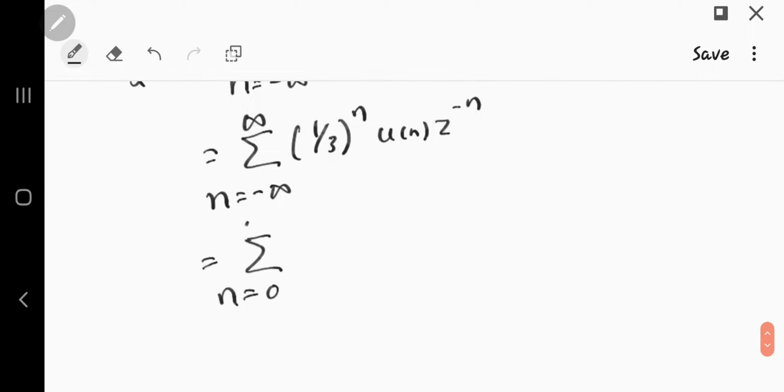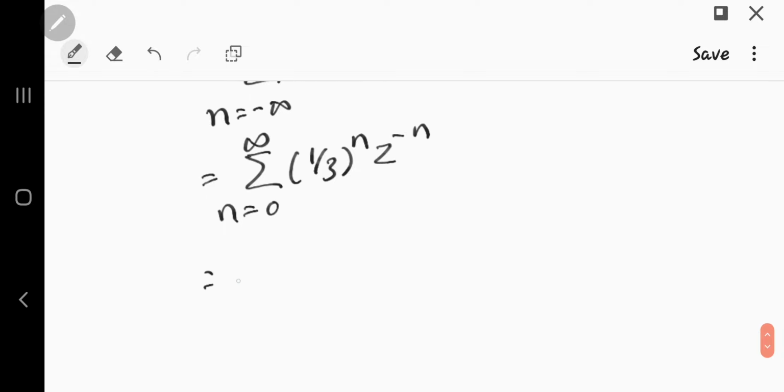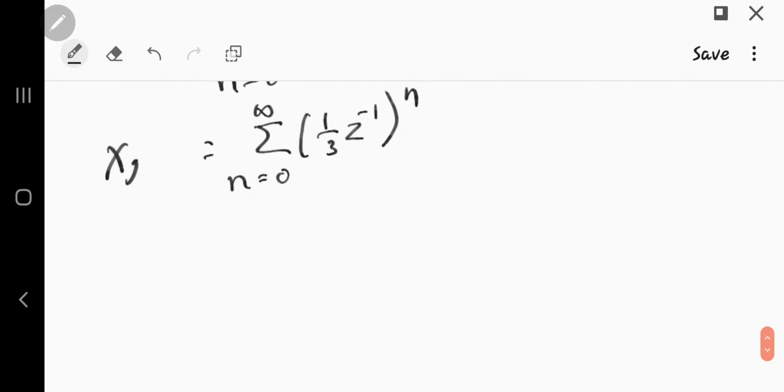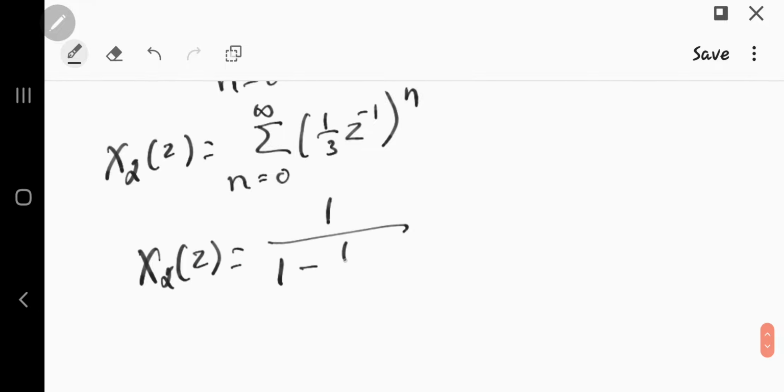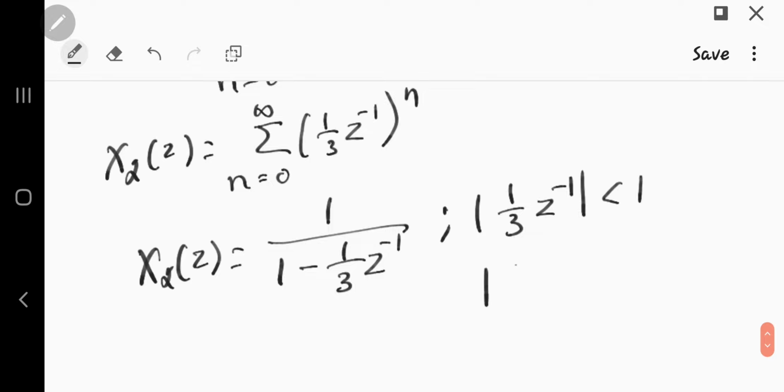So u of n is present for values of n greater than or equal to 0. That's why the limit will be n equals 0 to infinity of ((1/3) z^-1)^n. Again applying the same geometric series, this will give us 1 divided by 1 minus (1/3) z^-1, where |(1/3) z^-1| is less than 1.